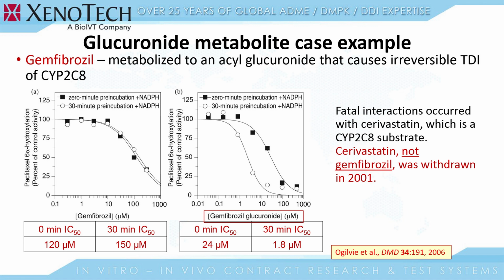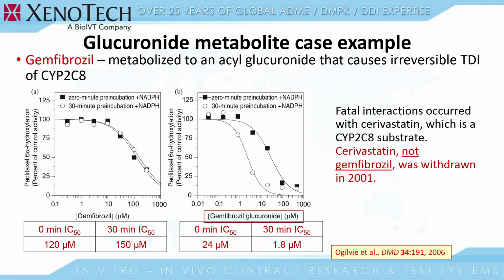The open circles represent the 30-minute pre-incubation, where gemfibrozole or gemfibrozole glucuronide is incubated with the test system for 30 minutes prior to addition of the probe substrate. And then, of course, the reaction is conducted and the amount of activity of the enzyme is measured.